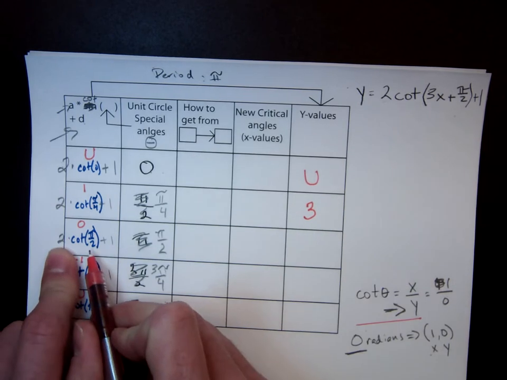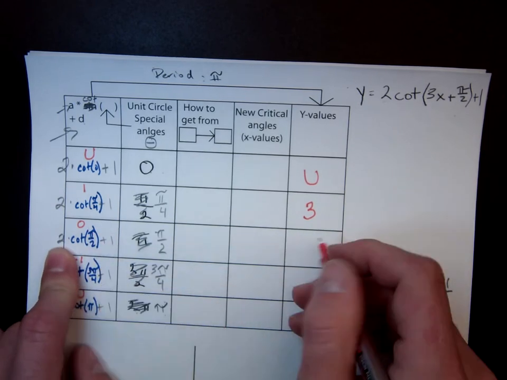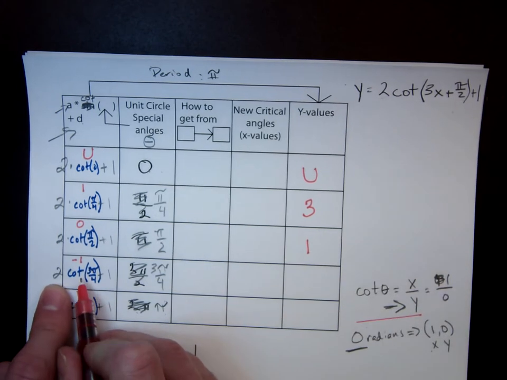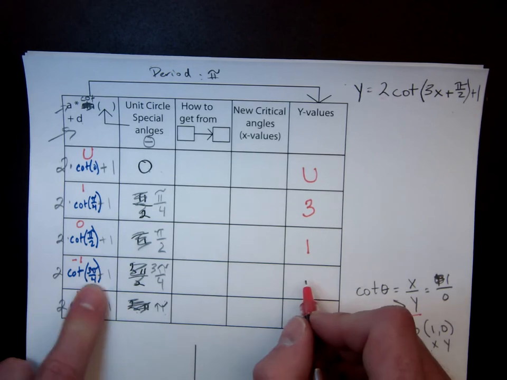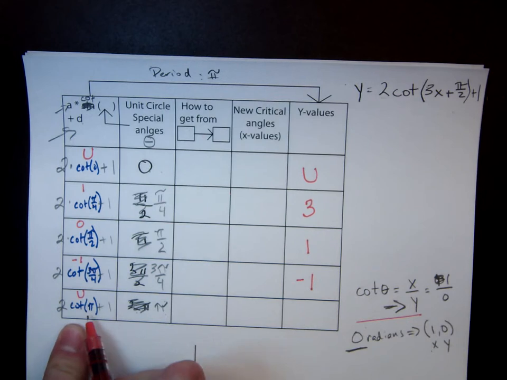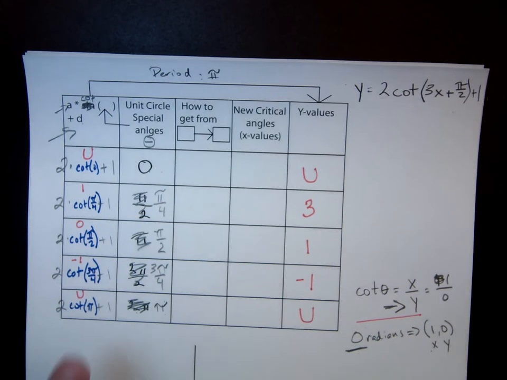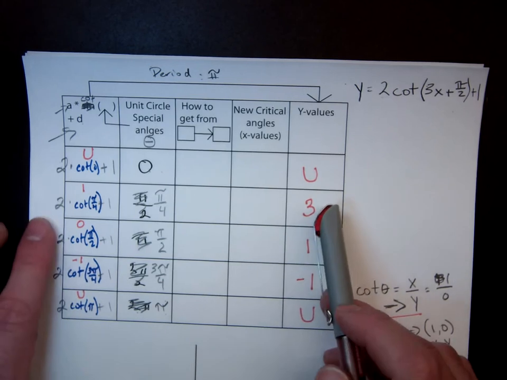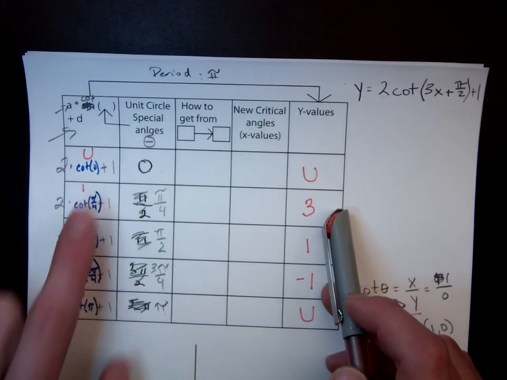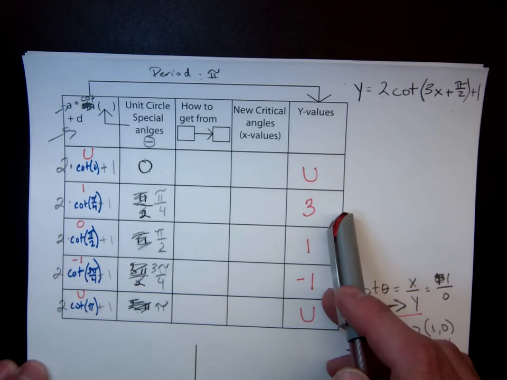Then I have 2 times 0 plus 1 is just going to be 1. 2 times negative 1 is negative 2, plus 1 is just going to be negative 1. And then we're undefined again. And if you notice, all of our values, okay, what we just did is we amplified all of them by 2, and then we shifted them up by 1.